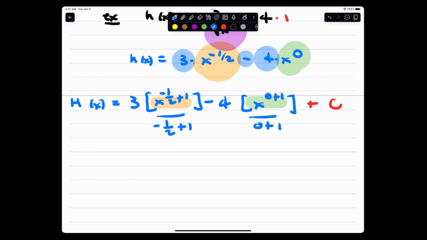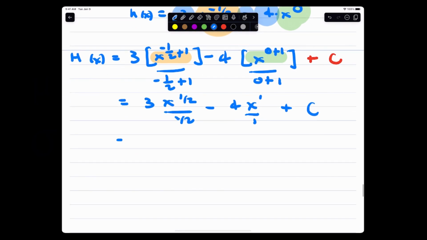Are we okay with that? 3 x to the 1/2 over 1/2 minus 4x over 1. You say, can I put this over 1? Okay. And by now, you might say, is that 3 times 2 square root of x minus 4x plus c? It is. What's your final answer? 6 square root of x minus 4x plus c.